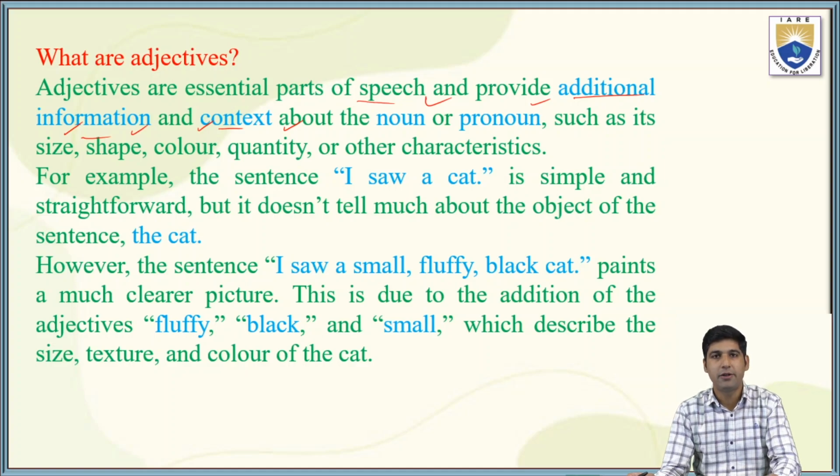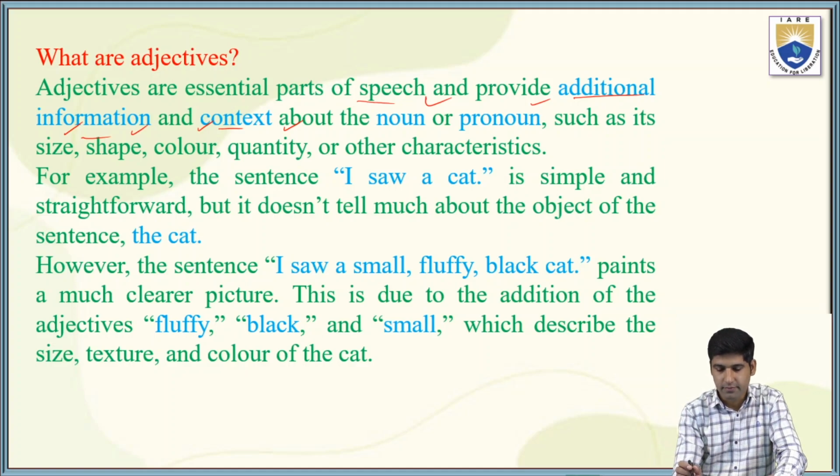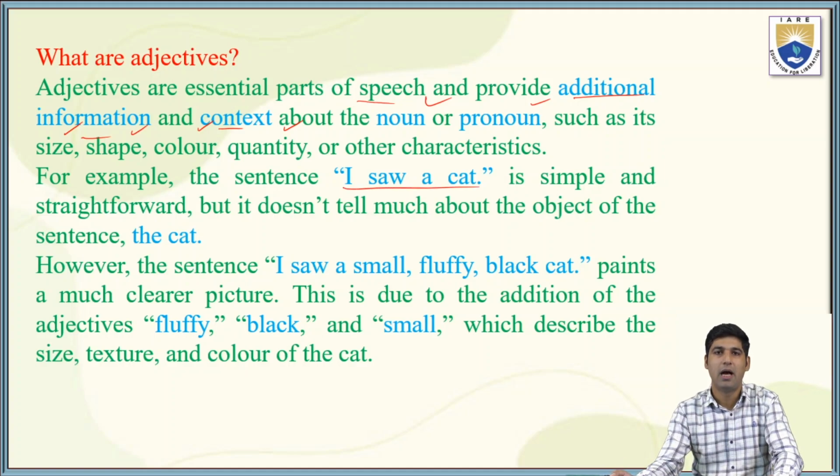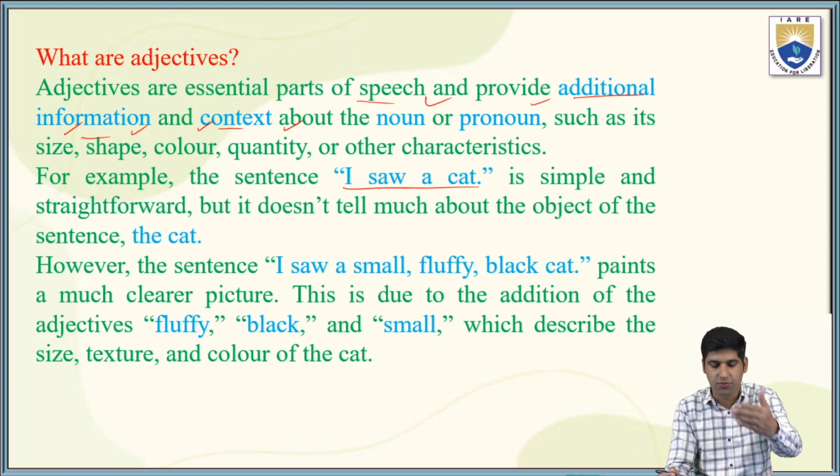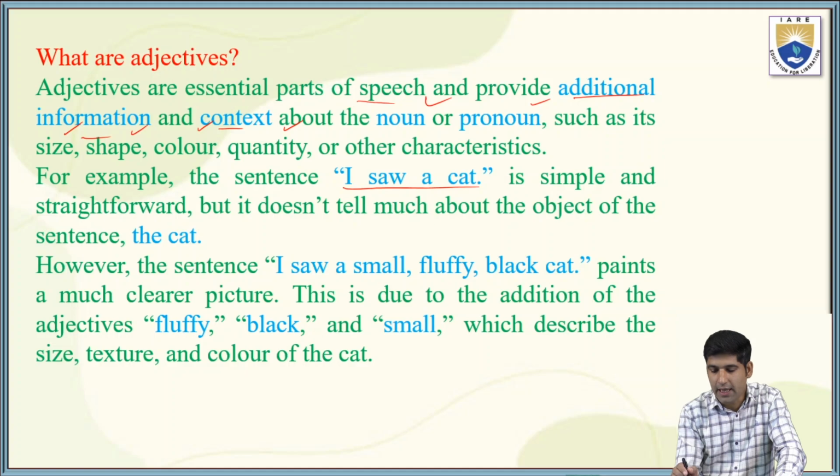For example, I would like to quote an example here. We have a sentence, I saw a cat. I saw a cat is simple and straightforward. But it doesn't tell much about the object of the sentence, the cat.